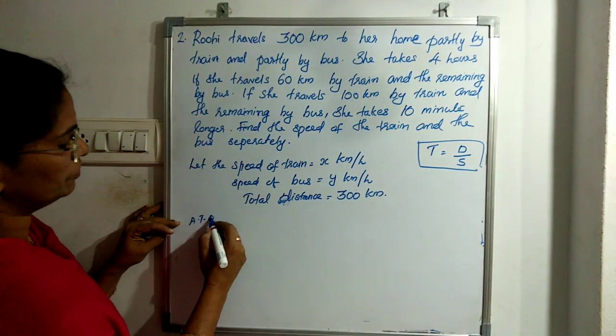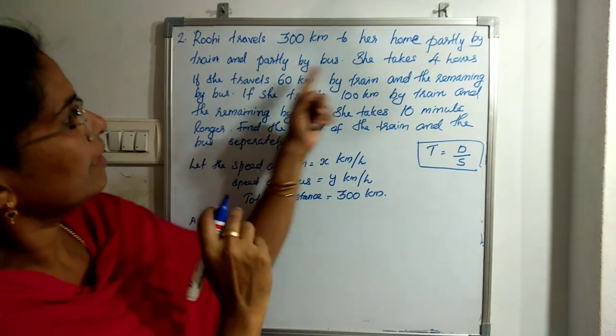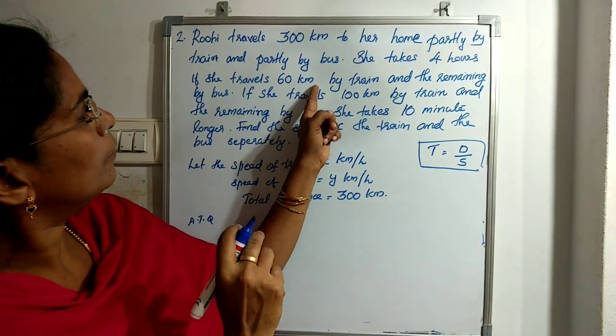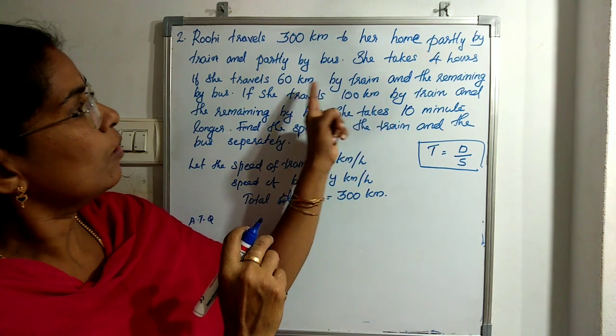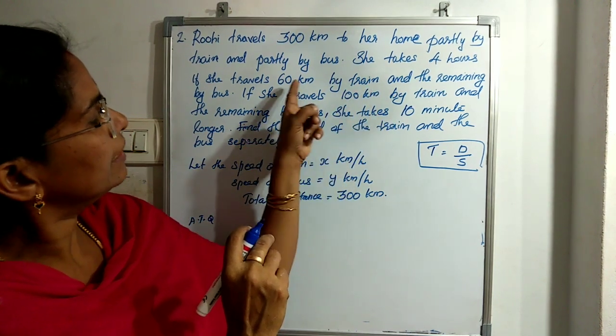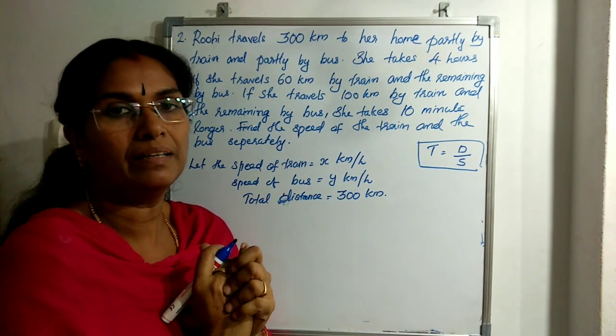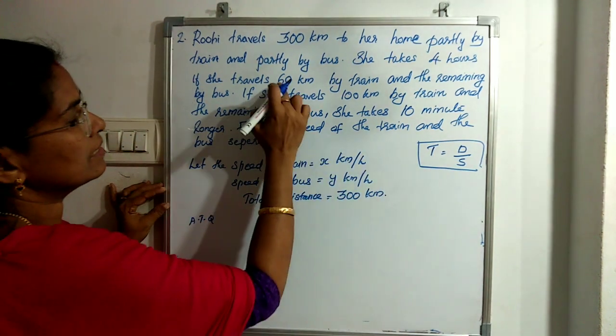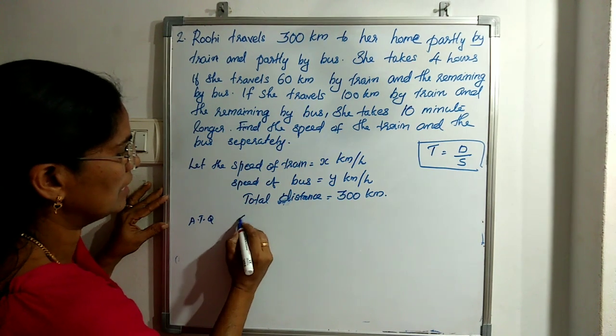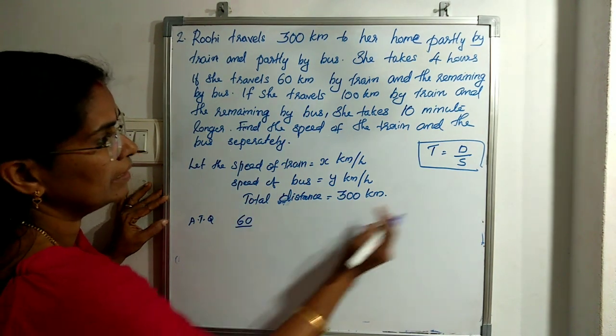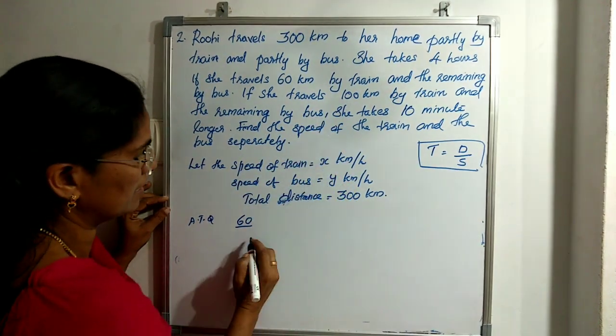So the first day she travels 60 kilometer by train. So how much time does she travel in the train? The distance is 60 kilometer, and the speed of the train is x.